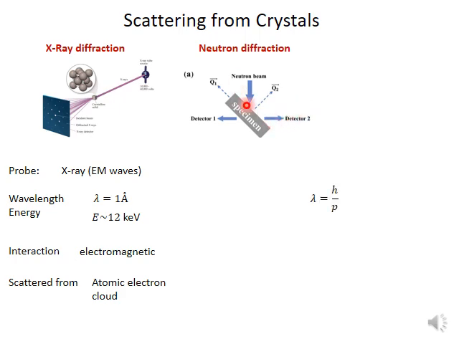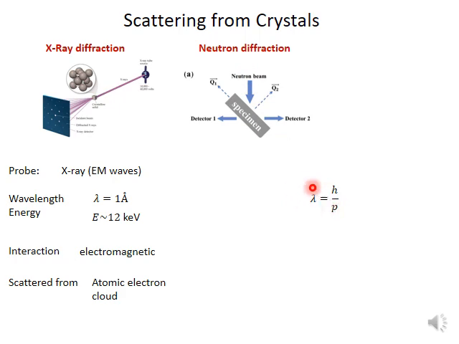Why do we use neutrons? Because they are particles, but you know from the de Broglie principle that a particle can be considered as a wave of a certain wavelength lambda. So if you know the momentum of the moving particle, which in this case is the neutron, you can find the lambda, or the de Broglie wavelength of the neutron.